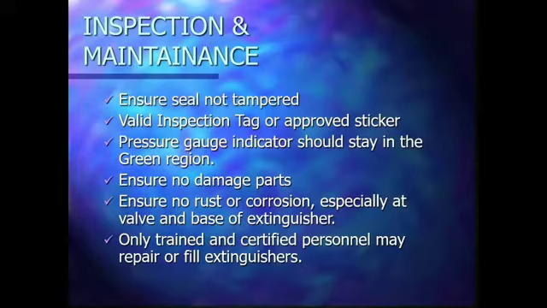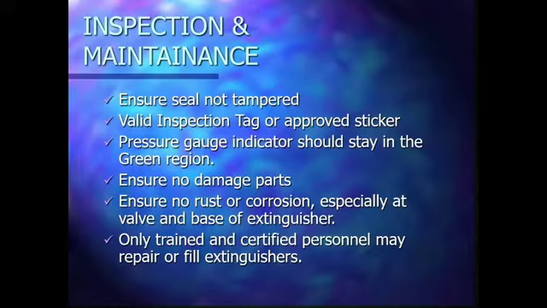The second thing is valid inspection tag or approved sticker. Usually, we have a valid sticker stuck on the fire extinguisher that it has been inspected, when was it last inspected, and so on and so forth. Make sure that pressure gauge indicator should stay in the green region.